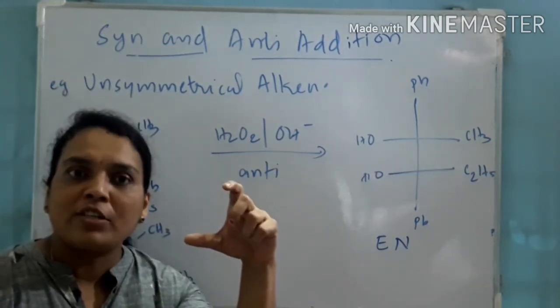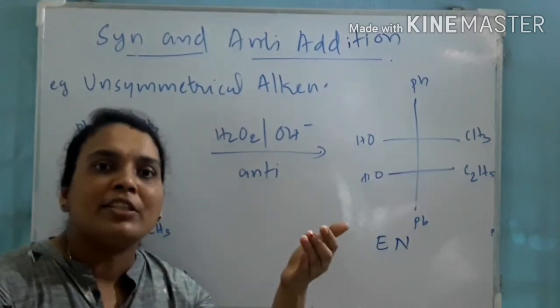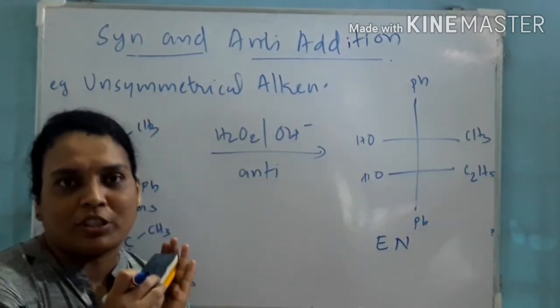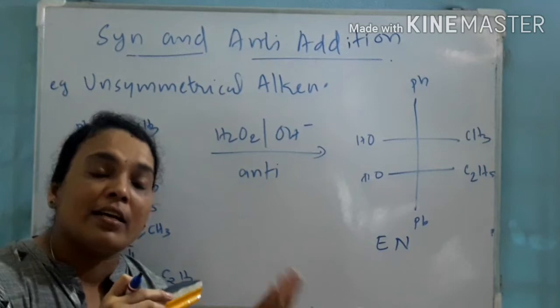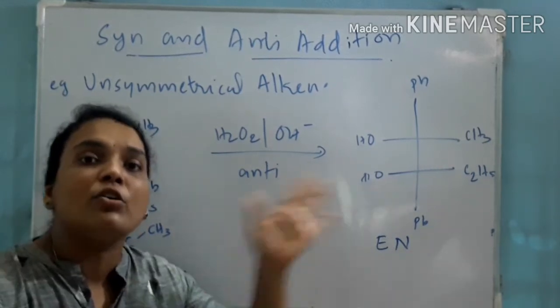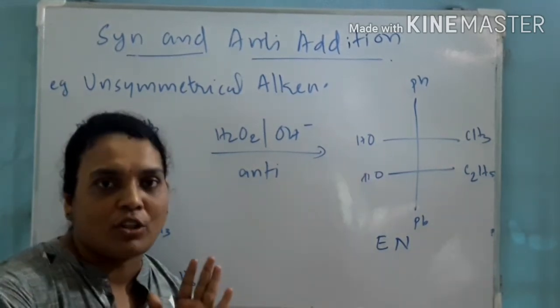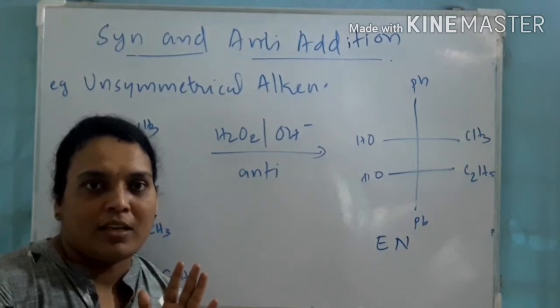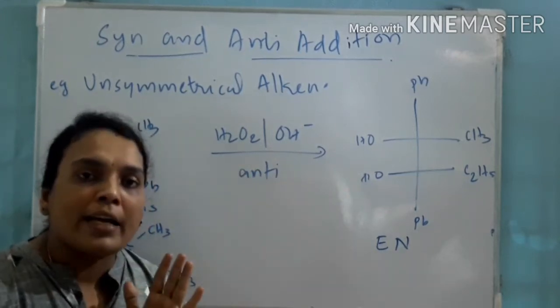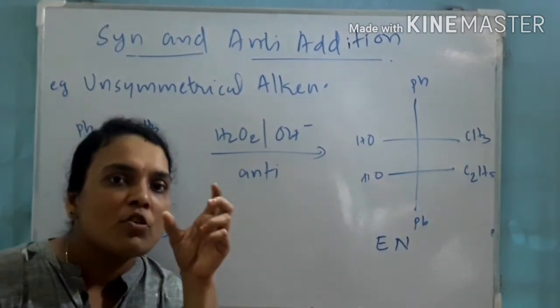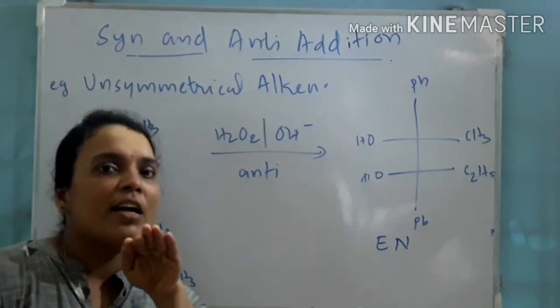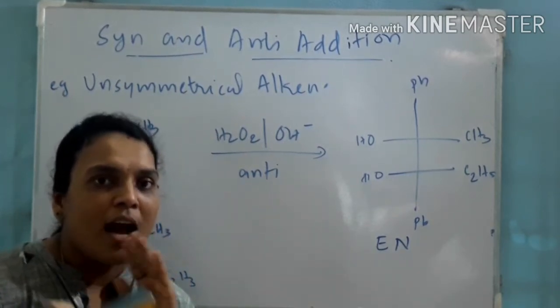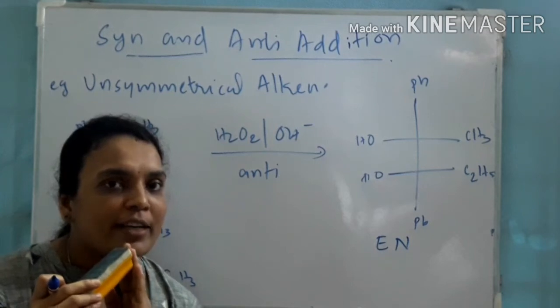Suppose you have a cis isomer undergoing syn addition, directly draw the Fischer projection. Similarly, a trans isomer undergoing syn addition, directly draw the Fischer projection. Suppose it undergoes anti-addition and the isomer is cis, you just convert it into trans isomer and draw the Fischer projection of that trans isomer.